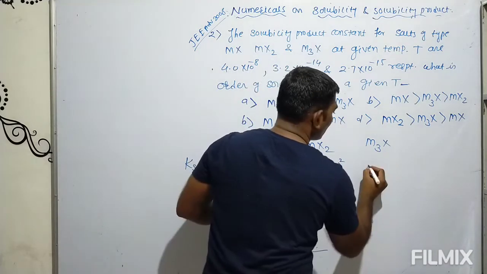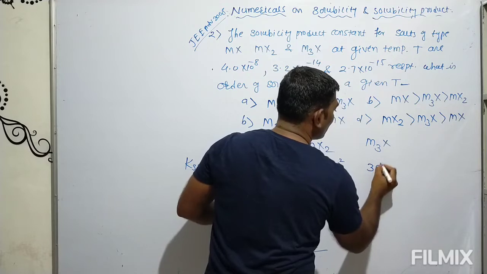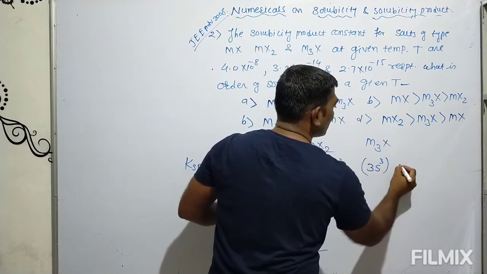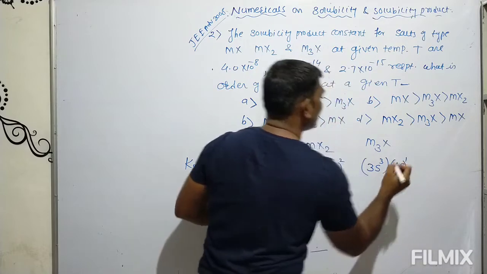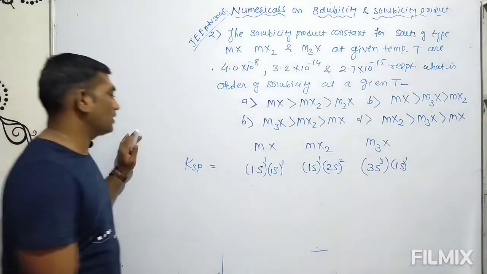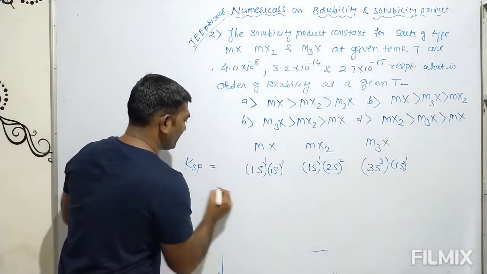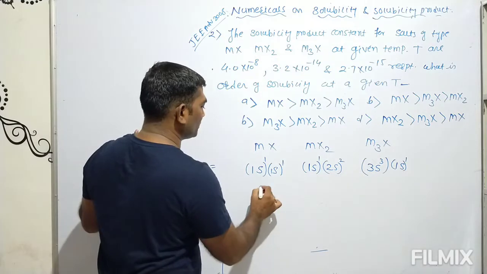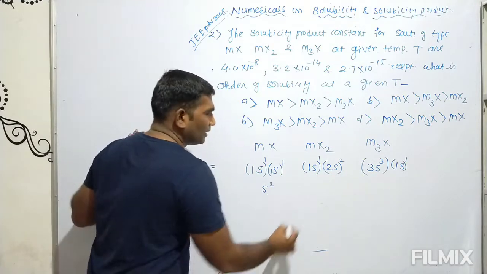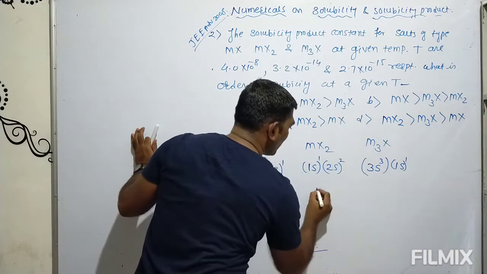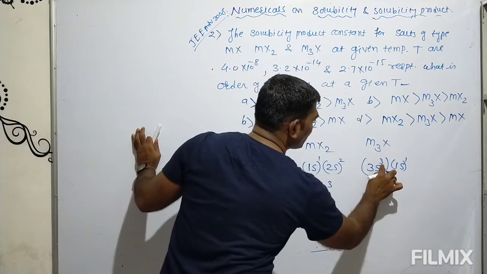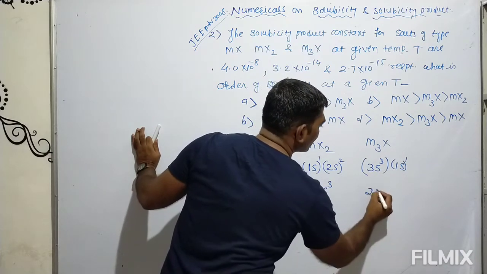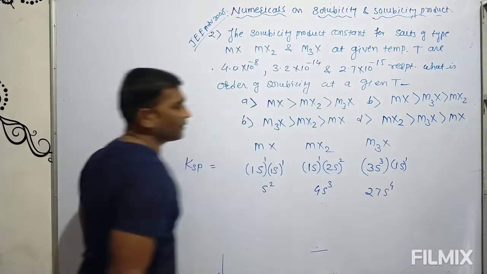For M3X the subscript is 3, so it becomes coefficient and power. So easily you can solve. KSP is s square for MX, 4s cube for MX2, and 3 cube means 27s4 for M3X.